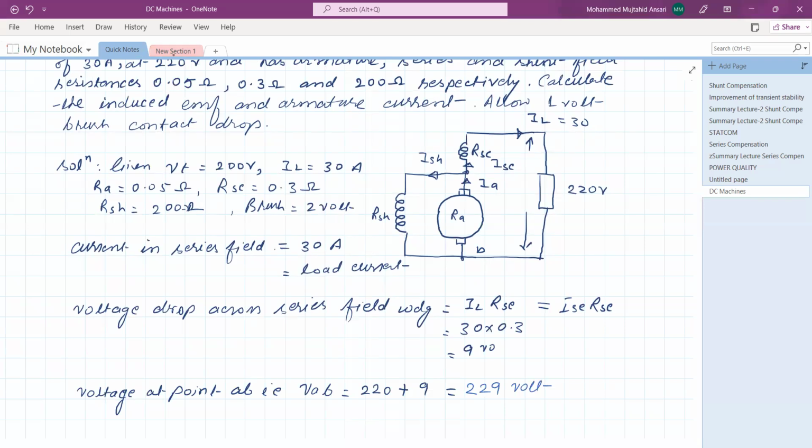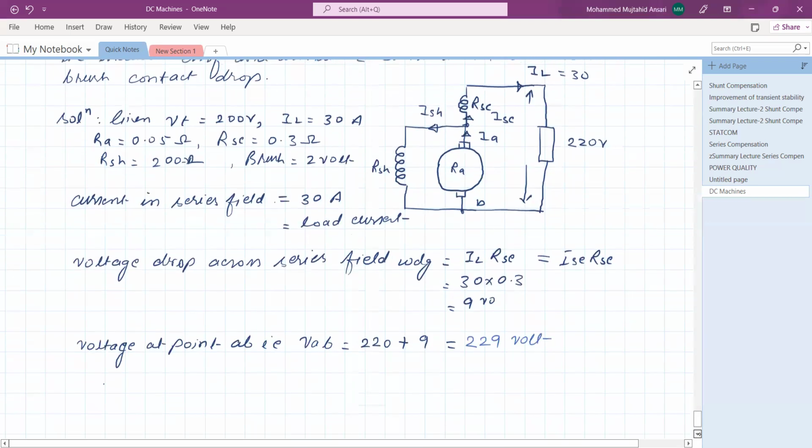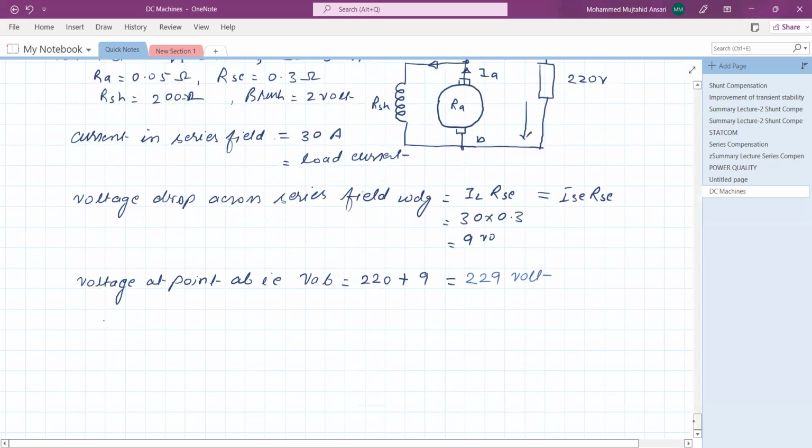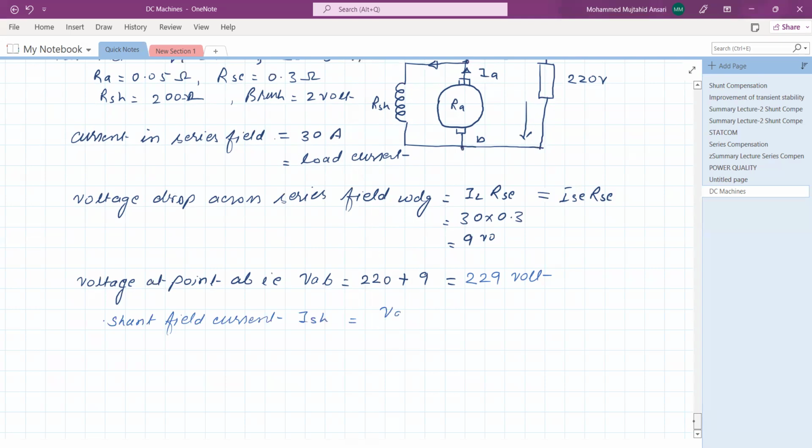Therefore, the shunt field current ISH is equal to VAB divided by RSH.